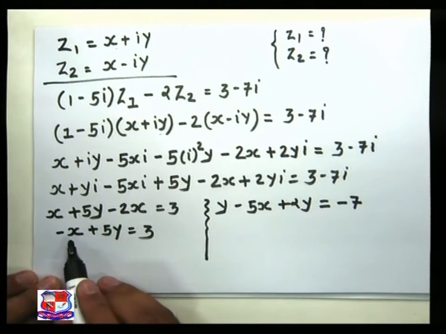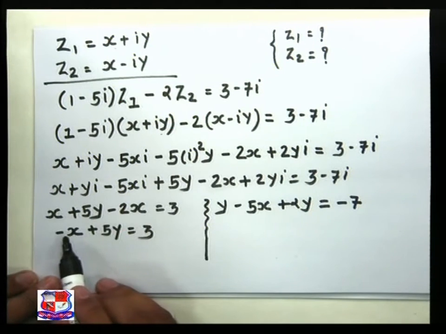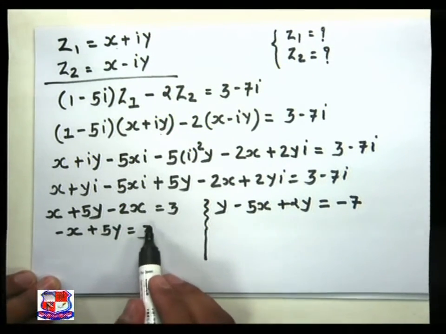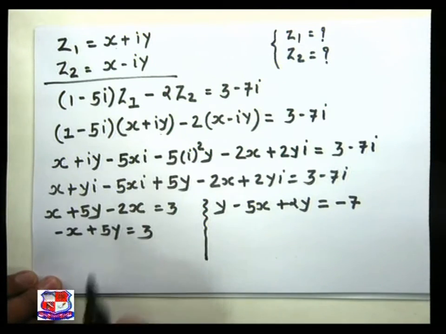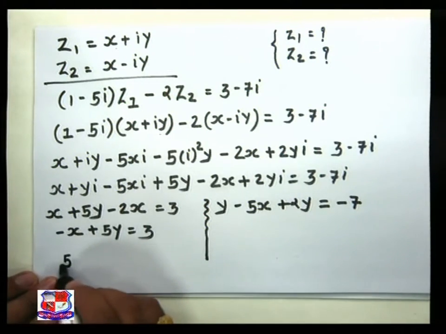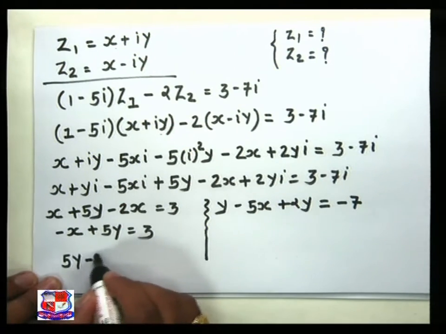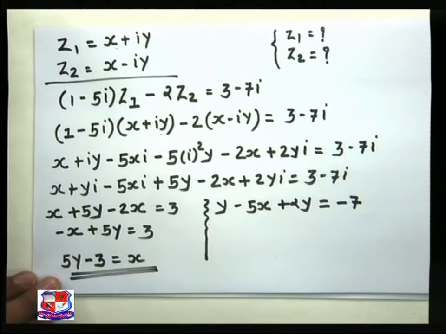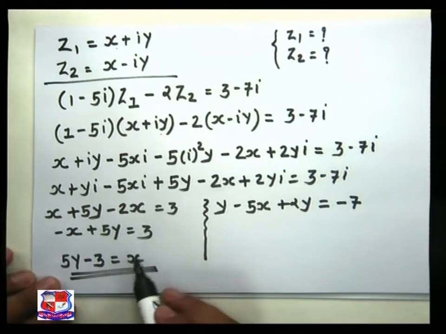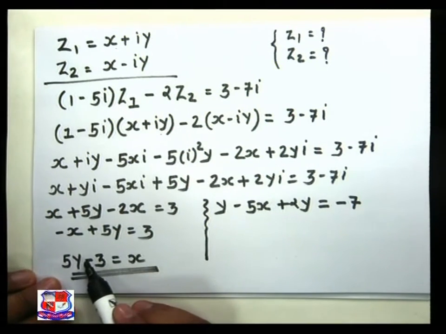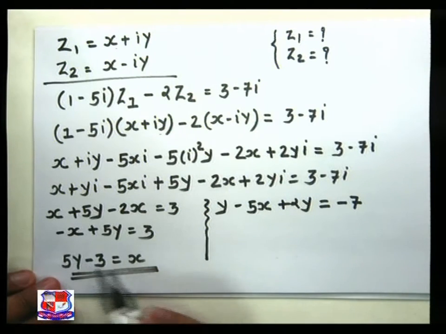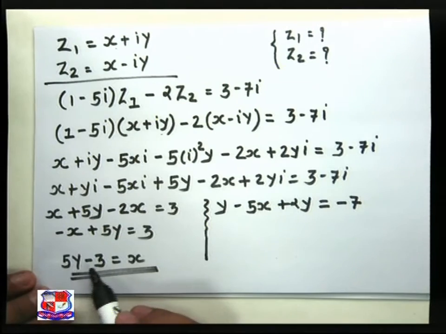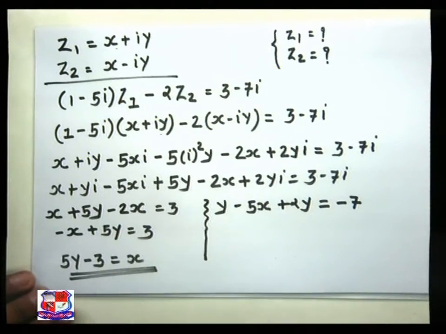Now we move minus x to the right hand side, so that becomes plus x, and this 3 from right hand side to left hand side, so 5y minus 3 is equal to x. So this is our first relation between x and y.